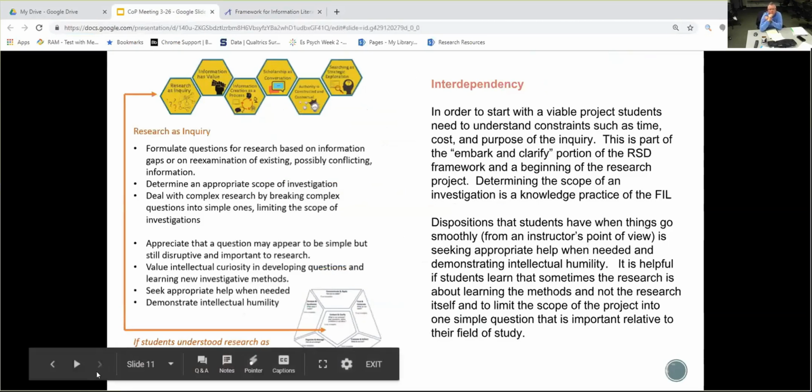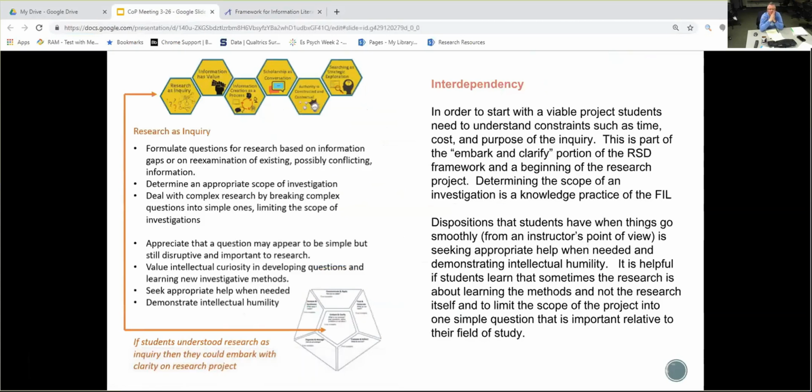So I started to look at the assignments. Basically, the framework for information literacy talks to the same ideas that you were talking about, Dustin, which is they're not going out and looking at the literature. So: formulating questions for research based on information gaps or re-examination of existing and possibly conflicting information.